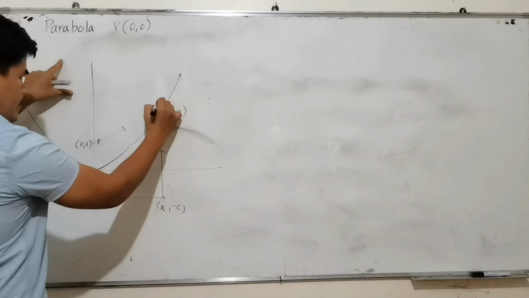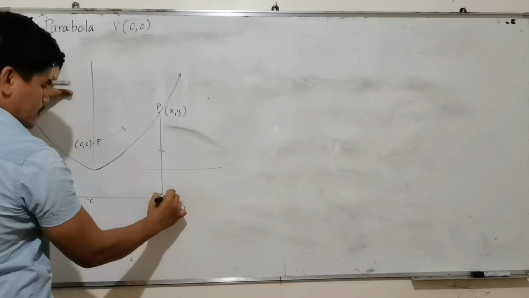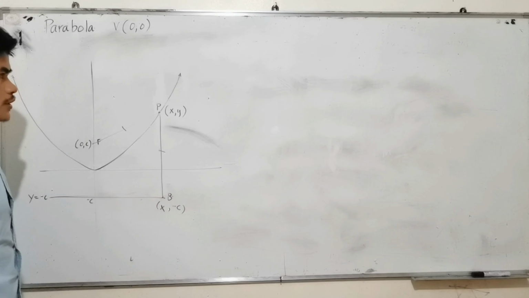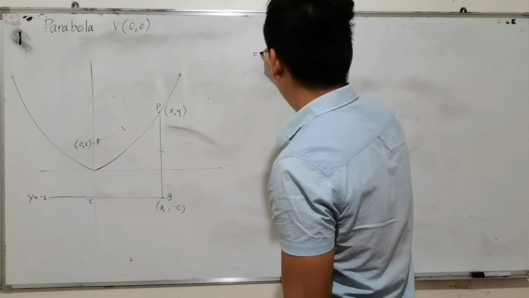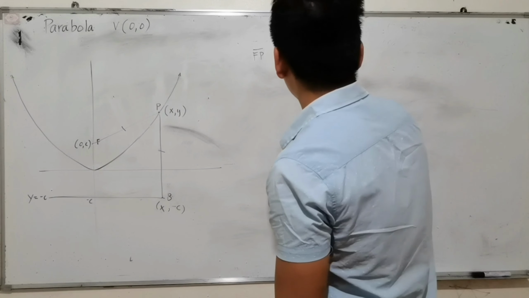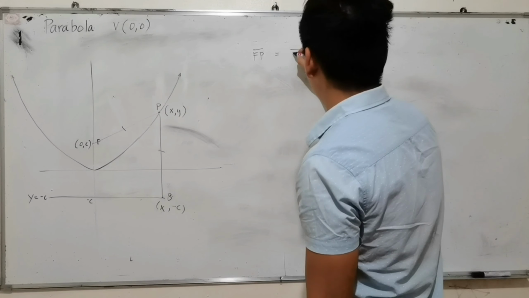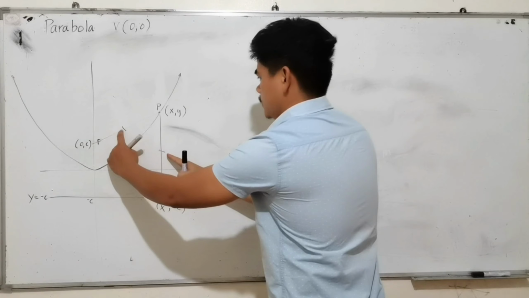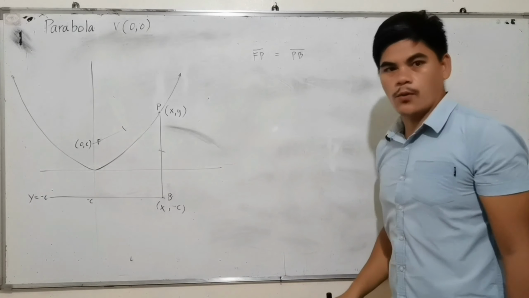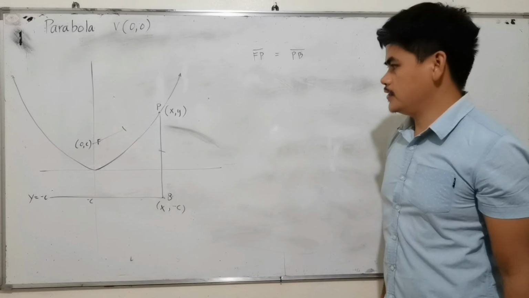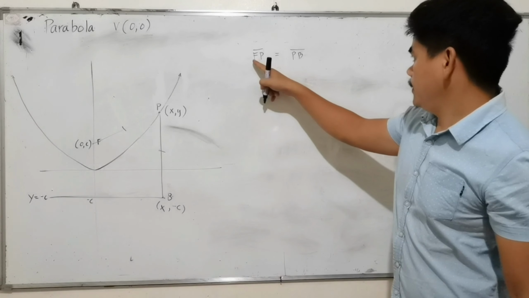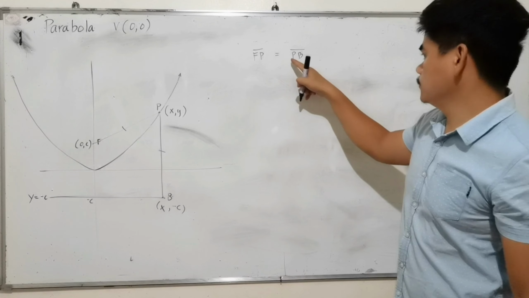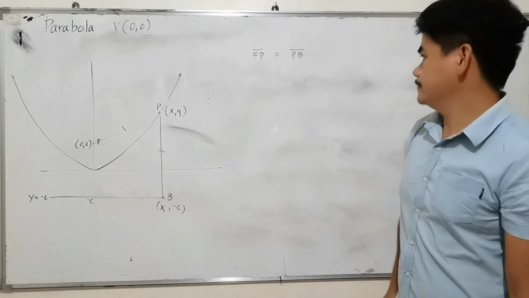If this is point P and for example this is point B, let us assume that the distance FP is equal to the distance PB, since these two segments are equal based on the definition of a parabola. So FP must be equal to PB.